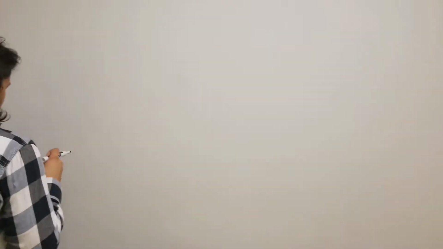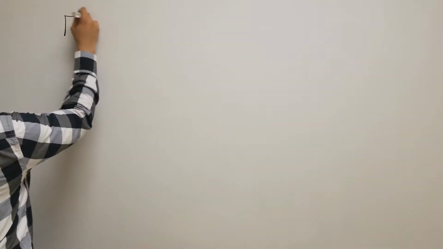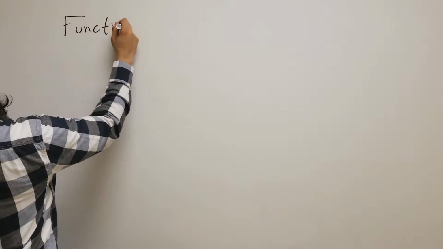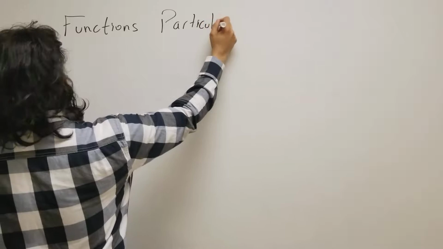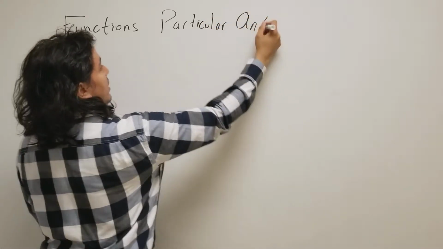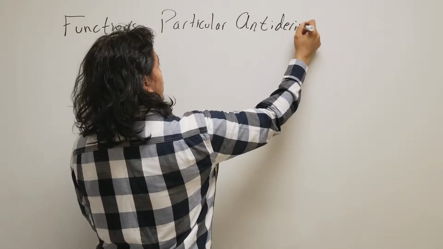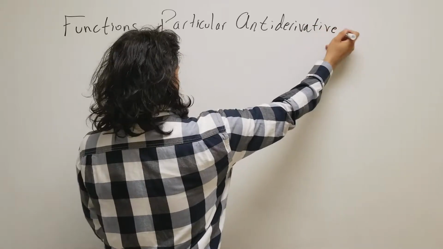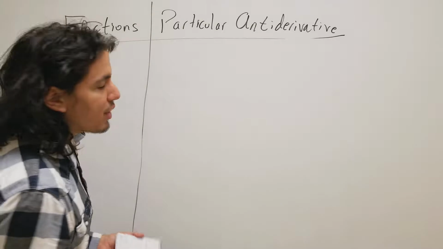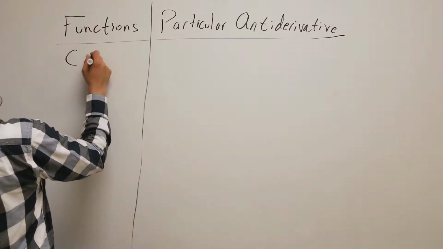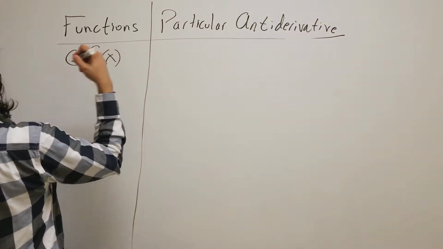So, antiderivatives. Let's draw a little chart of the functions we're going to be talking about. We say particular antiderivatives because there isn't always going to be an antiderivative for a derivative; they get so complicated that it's almost impossible to know every single antiderivative.